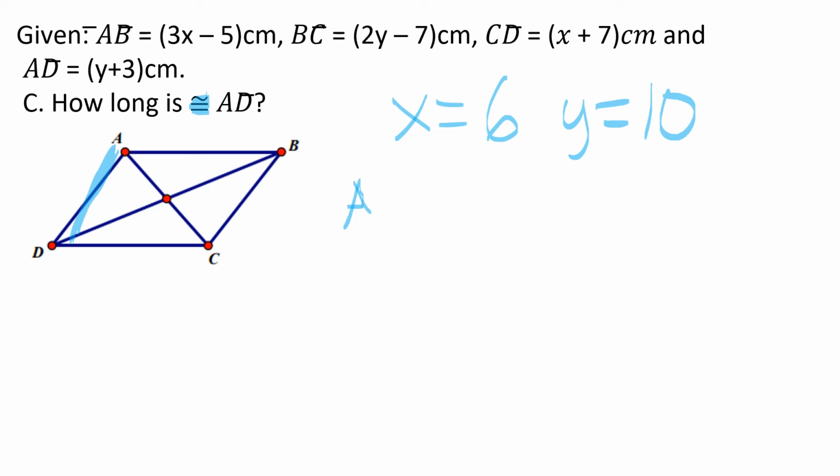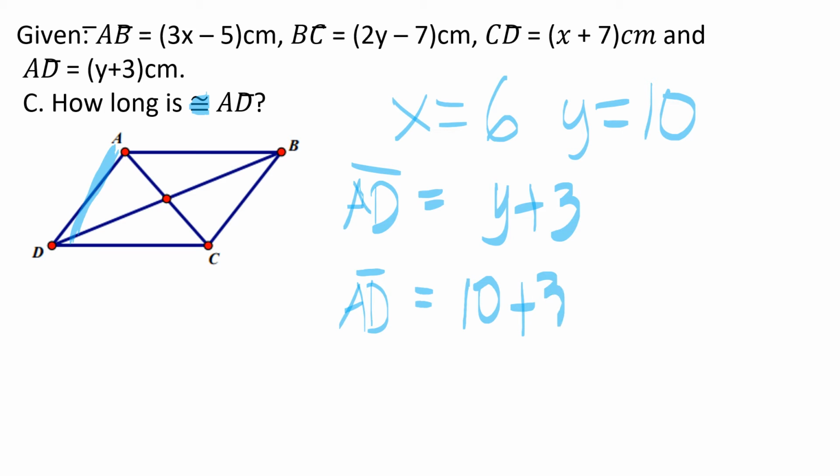AD is equal to y plus 3. So if we are going to find the measure of side AD, it means that we are going to substitute the value of y with what we solved in the previous example. So the value of y is 10, and y plus 3 becomes 10 plus 3.